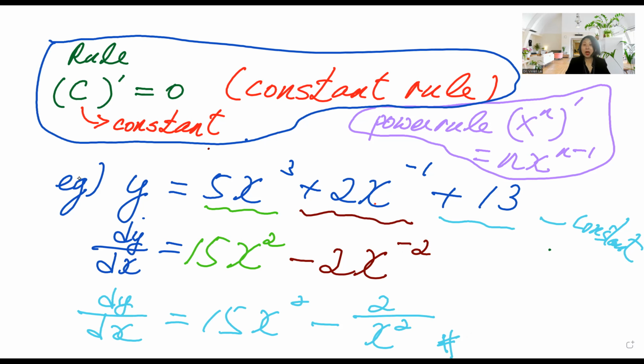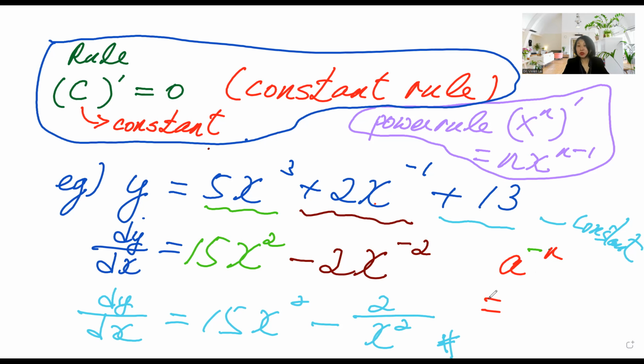Let me explain one more time why we become over x to the positive second power. Because of the rule, a to the negative n power, this is the index rule. So equal to what?